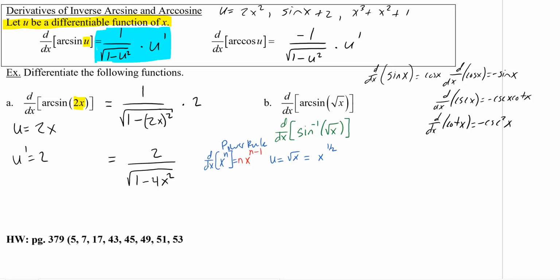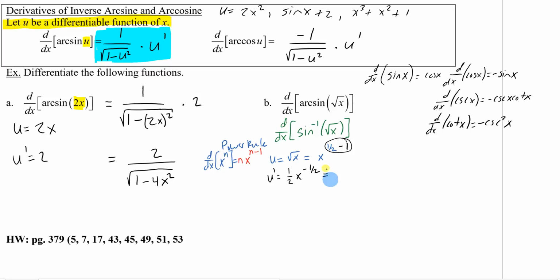So that means that my u prime, my derivative of x to the 1/2, is dropping the power to the front, keeping the x, and then taking 1 away from 1/2, and that'll give me a -1/2.